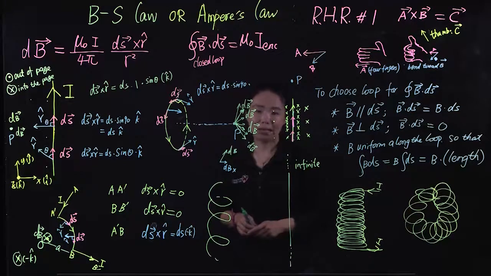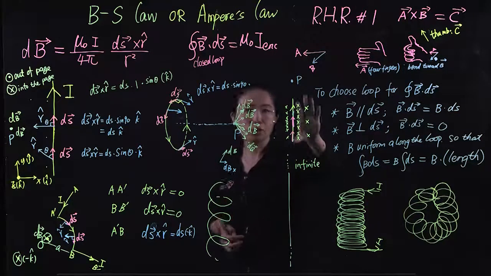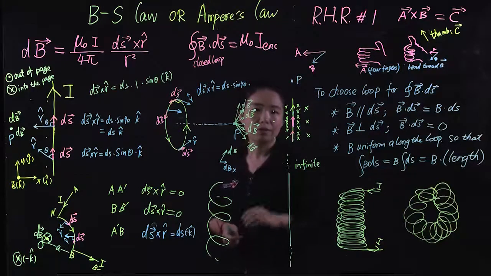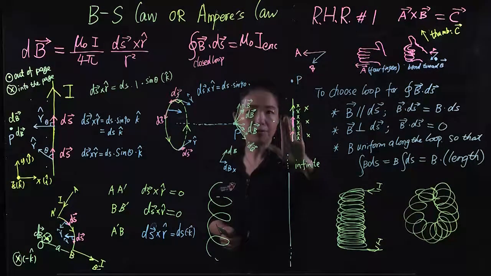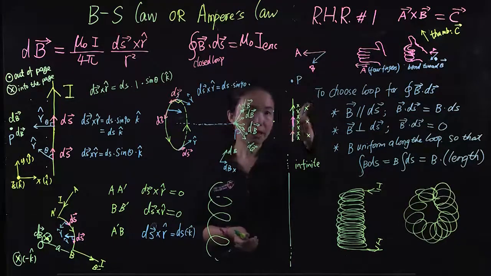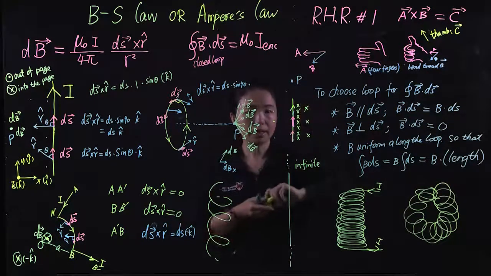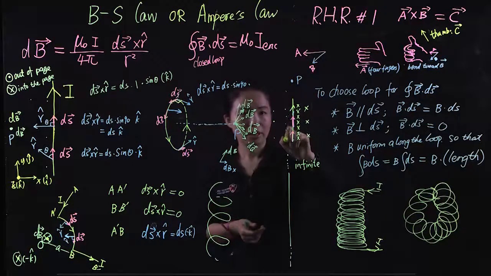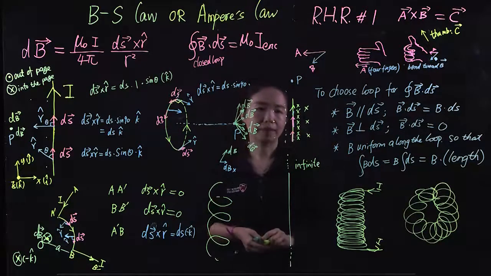Let's now look at a few examples. First, if we have a short wire which has a current going through it, we figured out that the B field created by this wire is going to be into the page everywhere on this side and out of the page everywhere on this left side.